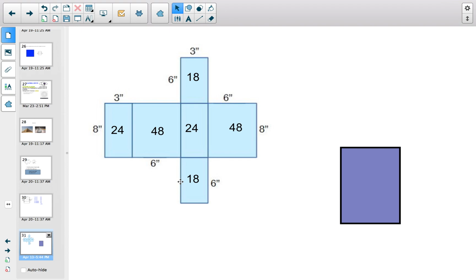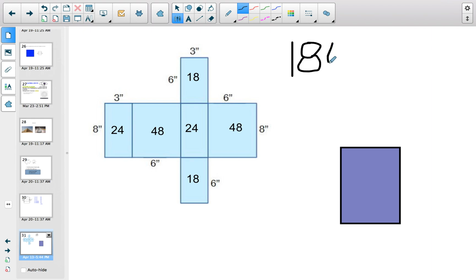What we're going to do is add them all up, and we would get 180 square units.